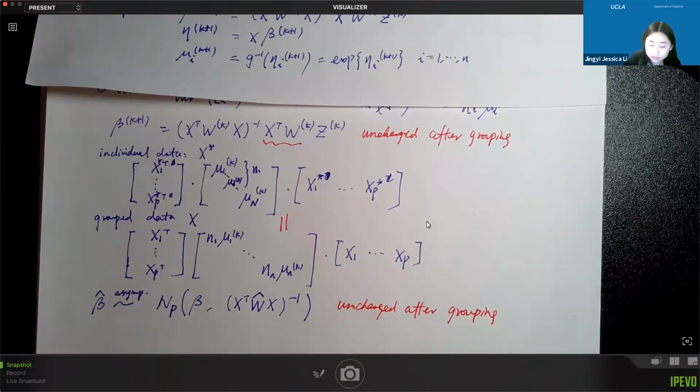Okay, and so another part I want to say is about the goodness of fit test for Poisson regression. So still we have two approaches. One is to use the deviance statistic, right? That compares what we have from the GLM with the saturated model.